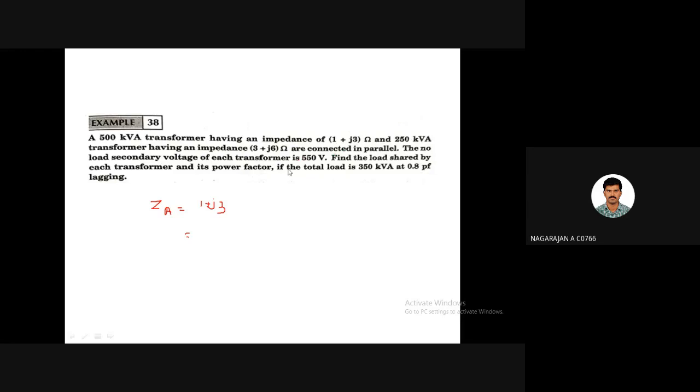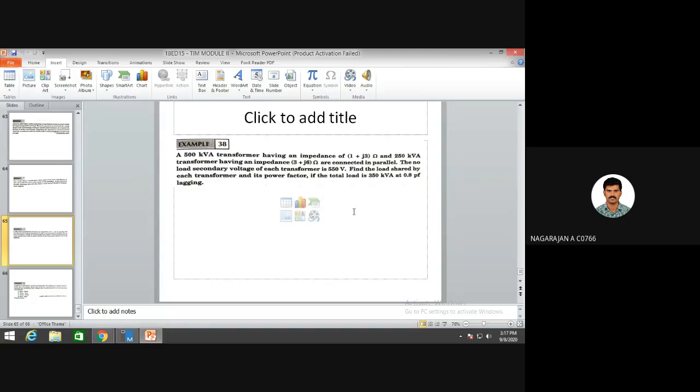I'll tell you how to find out ZB. ZB is given as 3 plus j6, but we have to find the equivalent for the 500 kVA transformer. For the 250 kVA transformer, it is 3 plus j6. While connecting two transformers in parallel, one condition must be satisfied: its impedance value should be matched, isn't it? That is what we would have studied.